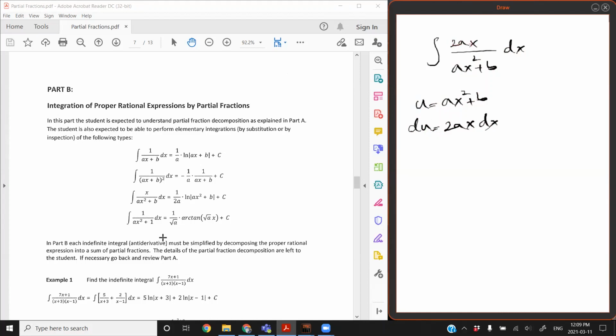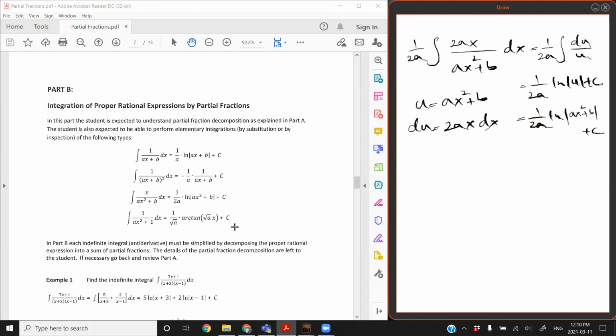So you can multiply by 2a on top, divide by 2a outside, and this becomes 1 over 2a integral of du over u, which is going to be ln of absolute value of u plus c. Last step, you can replace u with whatever u is, ax squared plus b plus c, and you're done. So you get the third one. Any questions so far?